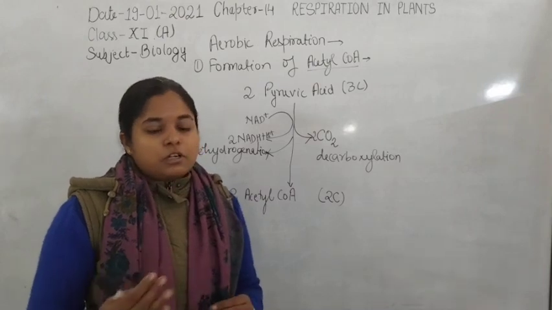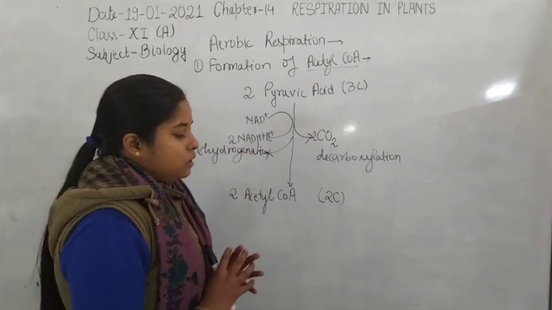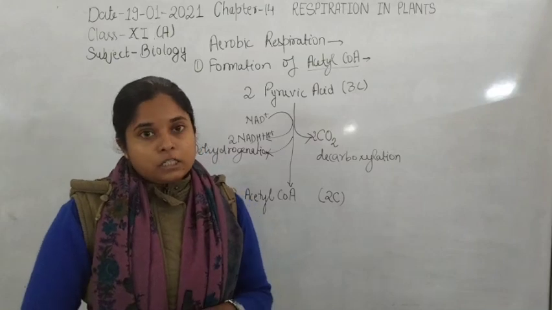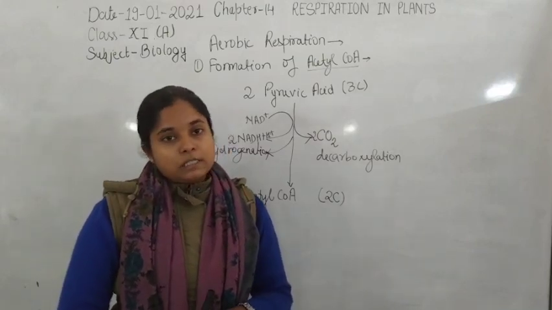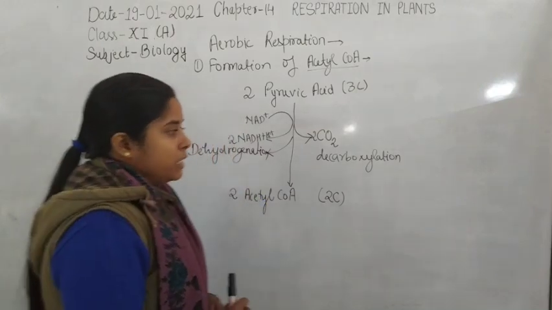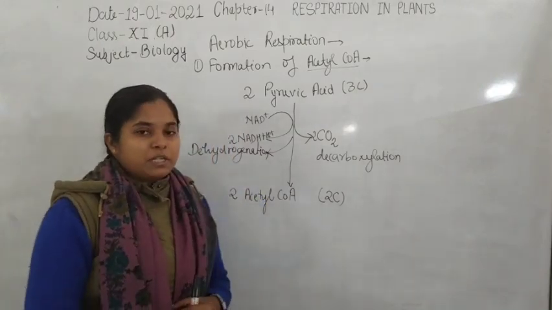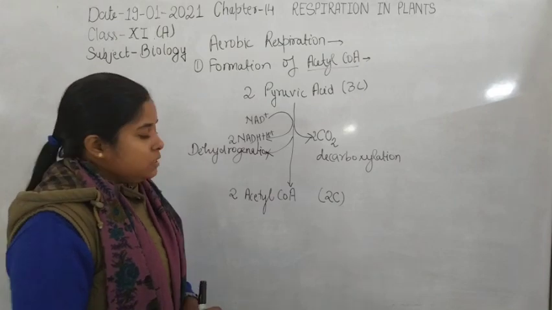After the electron transport system, finally there is formation of ATP from the electron gradient or proton pump, that is the F0F1 particles participate in the formation of ATP in the presence of enzyme ATP synthetase.